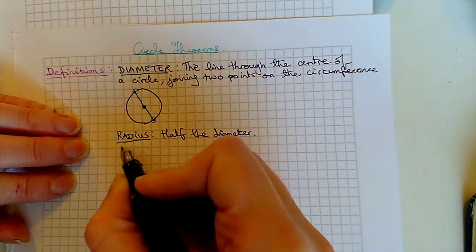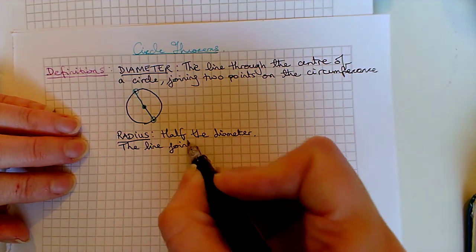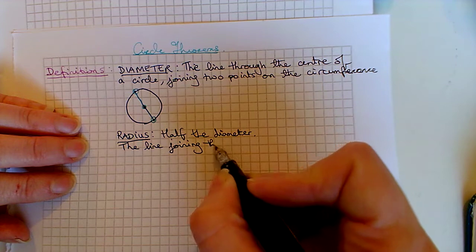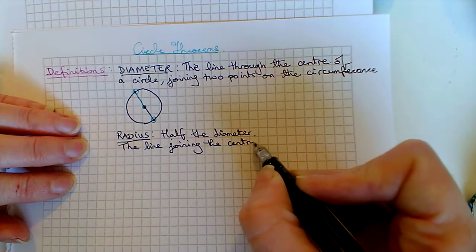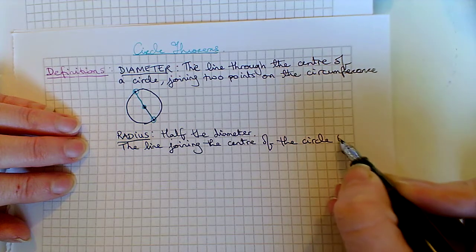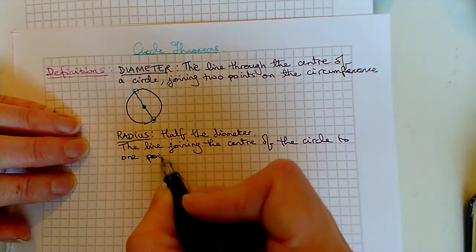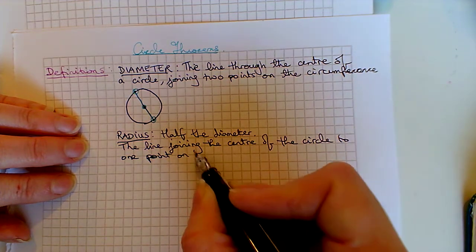It's a line joining the center of the circle to a single point, to one point on the circumference.